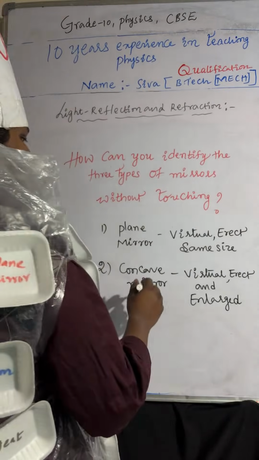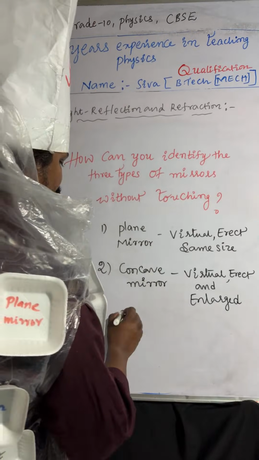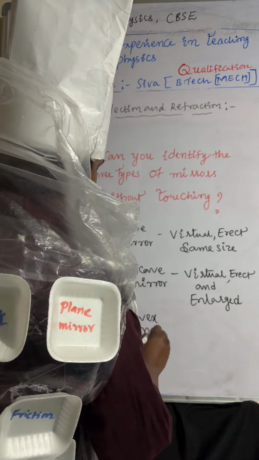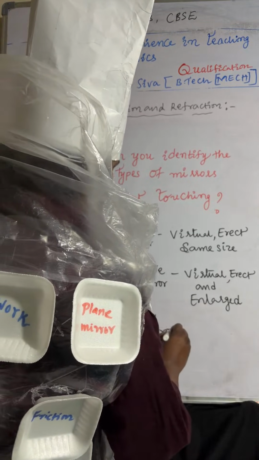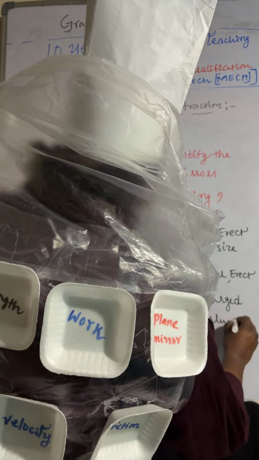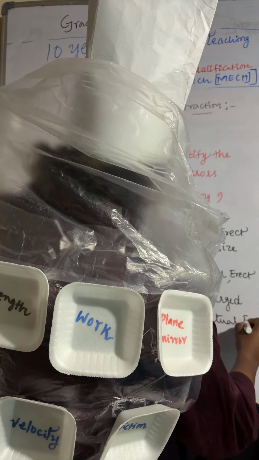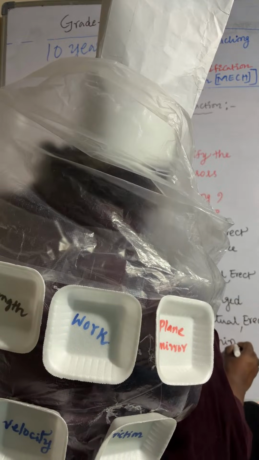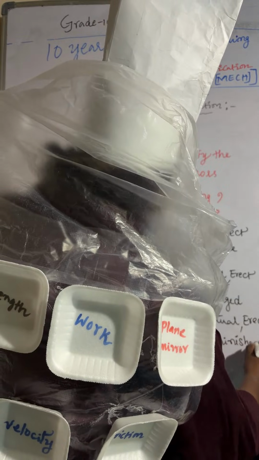And coming to the third one, the convex mirror. In a convex mirror we will get a virtual, erect and diminished image.